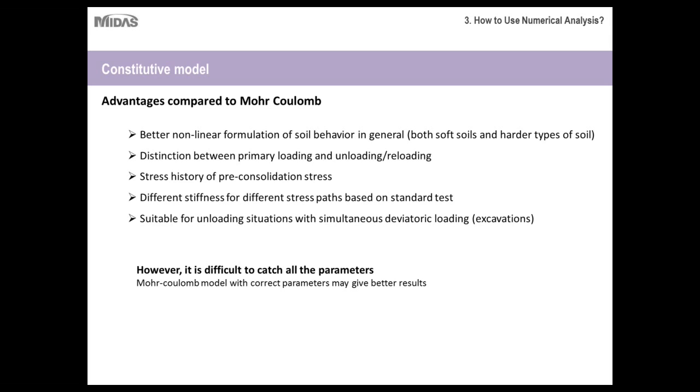So therefore, Mohr Coulomb model with correct parameters may give better results than using incorrect parameters from approximate tests with advanced material models. So it is better to be more aware of what shortcomings you have rather than over assessing your strengths.